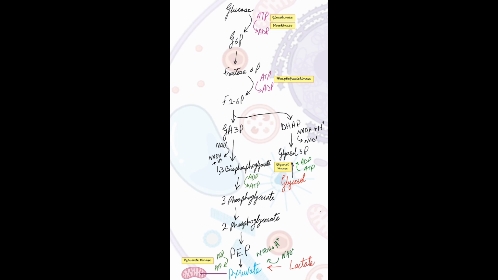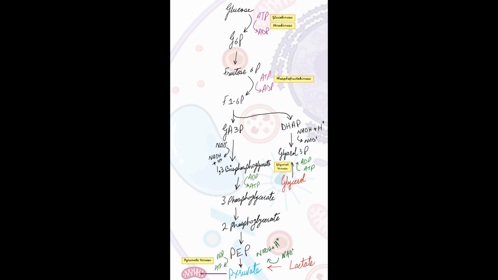Glycolysis has 2 other intermediary compounds that can enter into this pathway. For example, one is lactate. Lactate can enter into glycolysis and then the TCA cycle. At this point, it will be converted into pyruvate and there will be an NADH production.